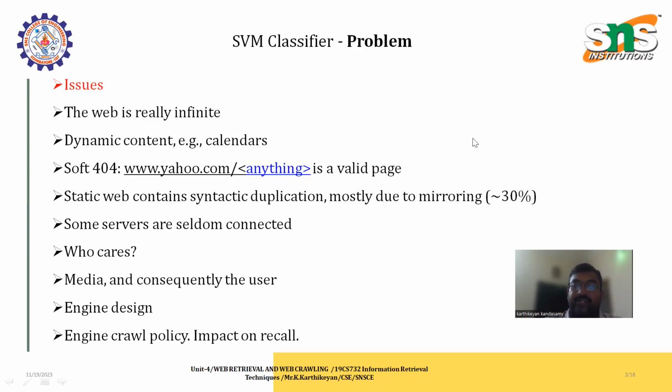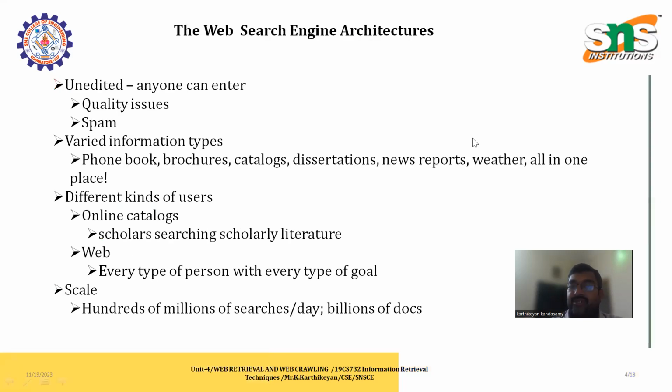Next one. So what is web search engine architecture? The web is unedited, anyone can enter, so there are quality issues and spam, and varied information and types, such as phone book, brochure, catalog, dictionary and news report, all in one place.